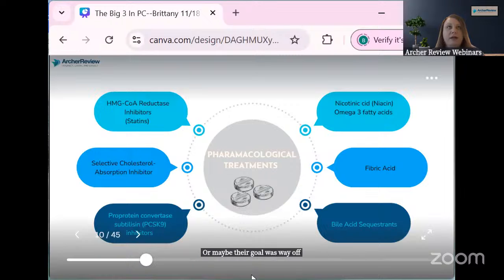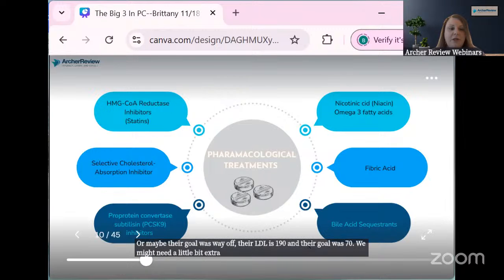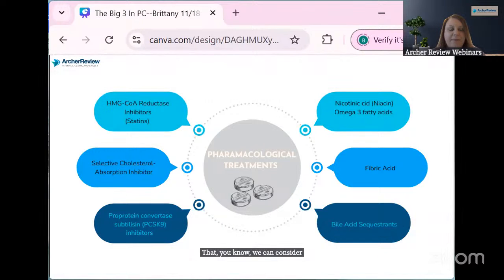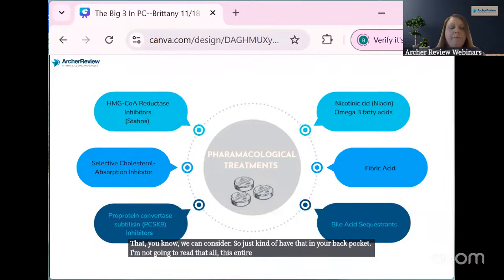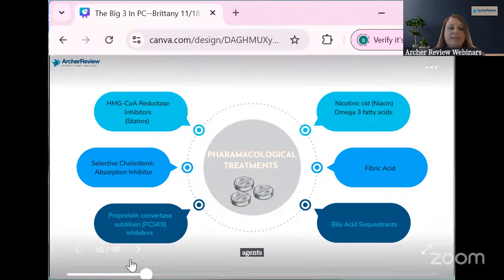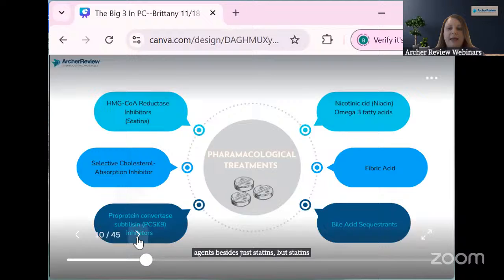Their LDL is 190 and their goal was 70. We might need a little bit extra on board, and there are some other options here that we can consider. So just have that in your back pocket. I'm not going to read this entire slide to you, but just know that there are other cholesterol lowering medications besides statins, but statins are going to be by far our first line medication.